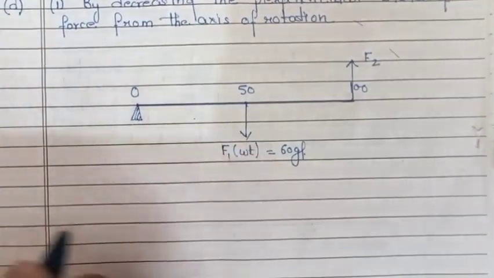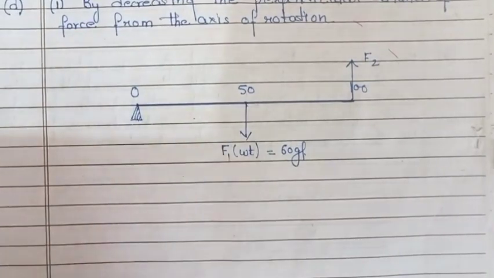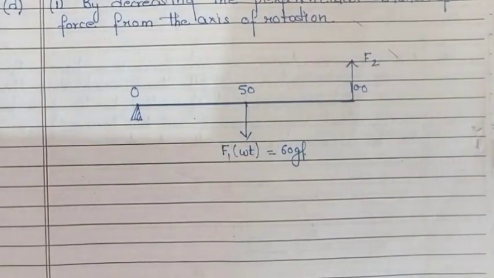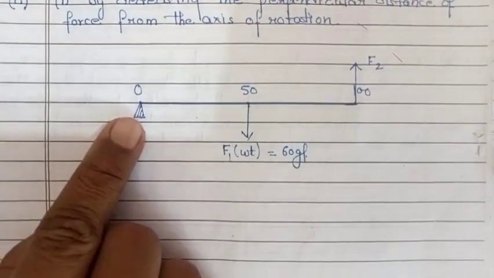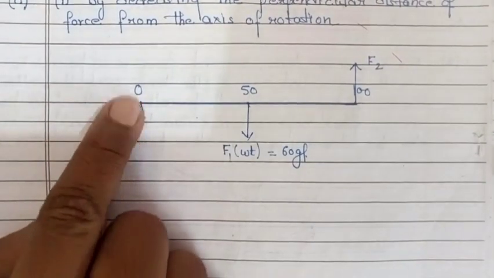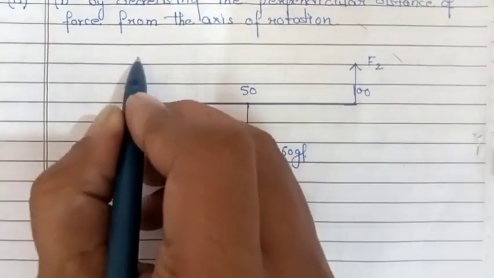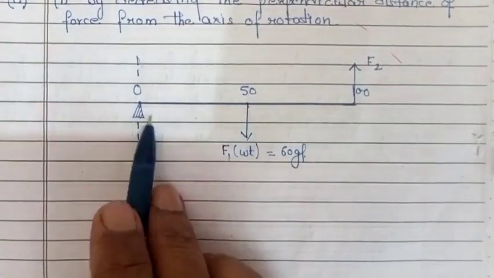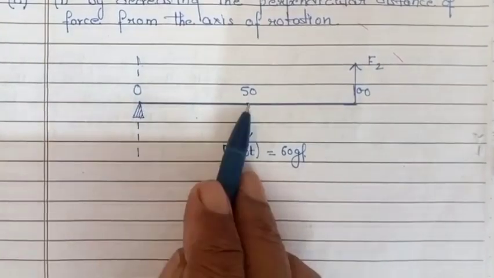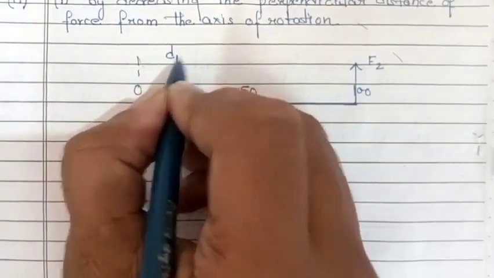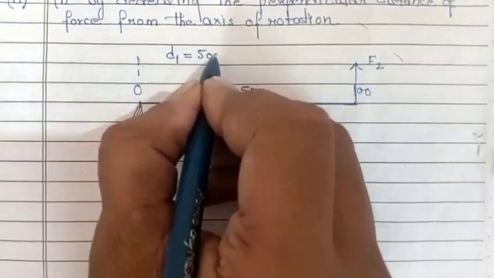So let's apply the principle of moments here. As the rule is in equilibrium, first of all we will get the distance here. Now remember, whenever you get the distance of the force from the axis of rotation, axis of rotation is always at the fulcrum. So here you will be getting the axis of rotation. So for the first force, this distance from 0 to 50, d1 is equal to 50 centimeter.